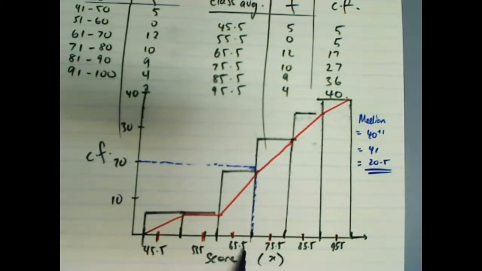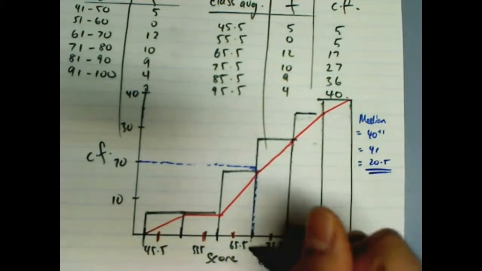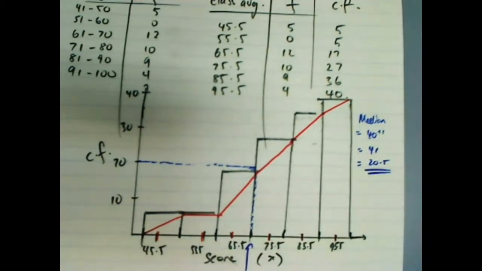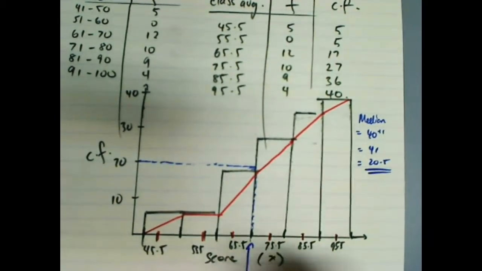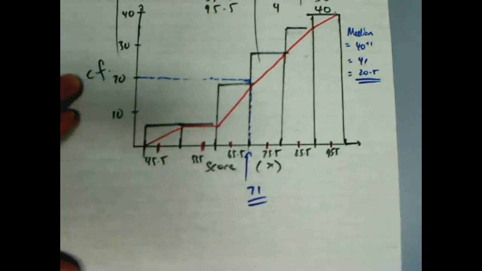So that will turn out to be, what's that? 70? 71? So there's my median, 71. Alright, so they're moving up a little bit.